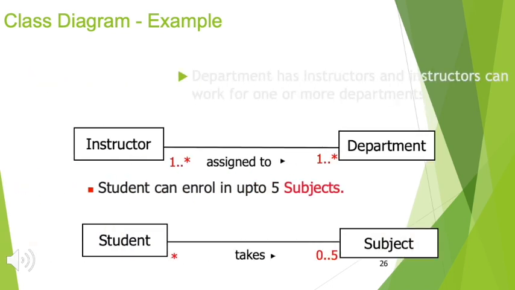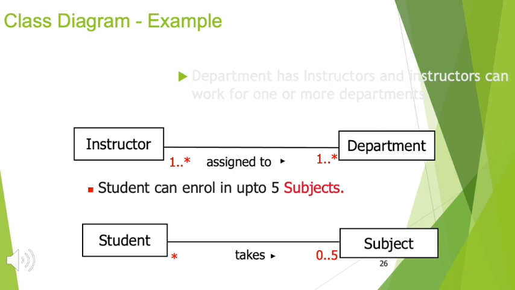Now we move to the second statement: a department has instructors, and instructors can work for one or more departments. I'm sorry for the color of the font, I forgot to change the color. The instructor is assigned to departments, which means an instructor can be assigned to many departments, so it is a one to many relationship.